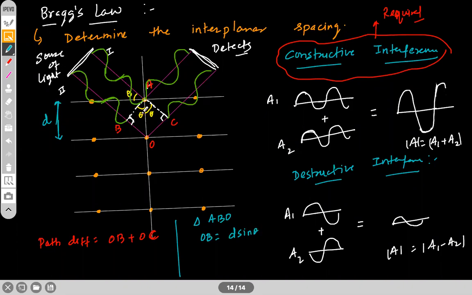Sine theta is this divided by D, where this distance OA is the interplanar spacing D. So OB is D sine theta, and similarly OC, in the other triangle AOC, is also D sine theta. So the path difference OB plus OC is 2D sine theta.